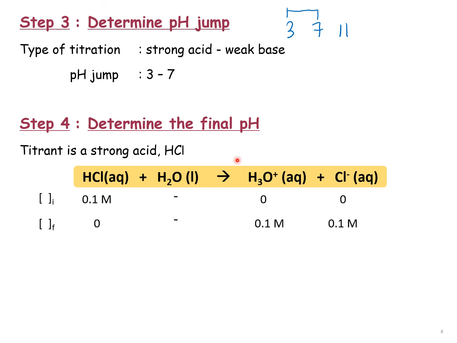Okay, so dekat sini kita ada H3O+, so straight away we can determine the final pH based on pH equals to negative log H3O+ ataupun negative log H+. Depends on equation yang awak tulis, ada water ataupun tidak.